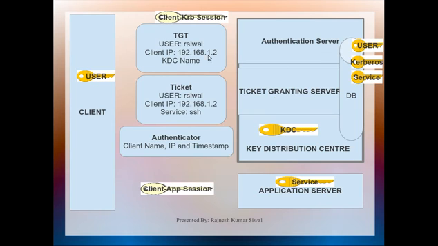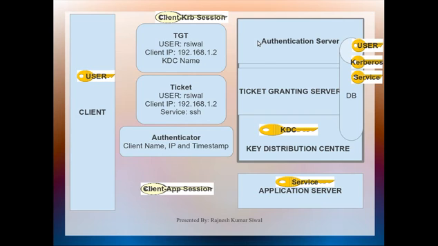And these details are then encrypted using the KDC's private key. So the ticket granting ticket is now encrypted and it cannot be read by any other service or user because it's encrypted with the private key of the KDC.